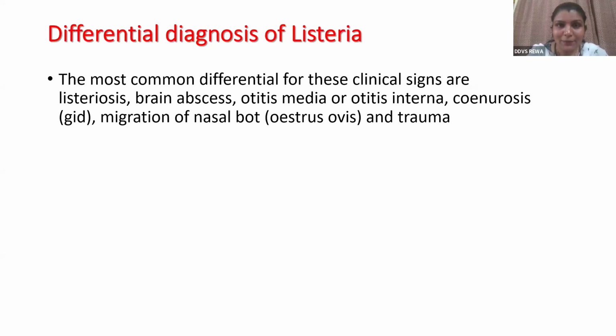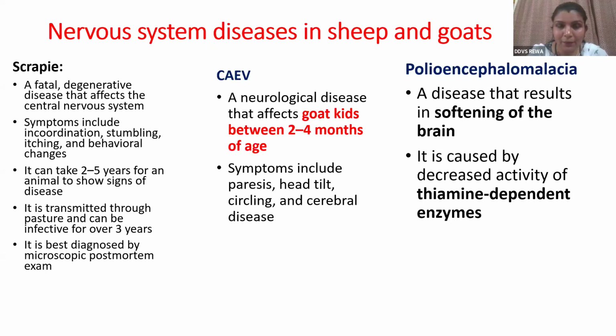Now the symptoms of listeriosis have to be differentiated from those of cenurosis, osteoarthritis, scrapie, caprine arthritis encephalitis virus and polioencephalomalacia. Scrapie is a prion disease and the incubation period is very long in this disease, so laboratory diagnosis has to be done.